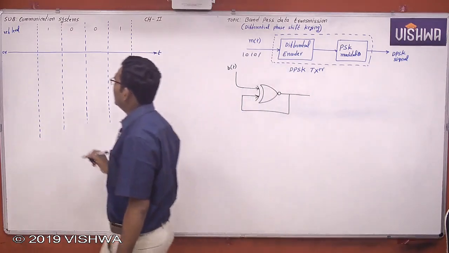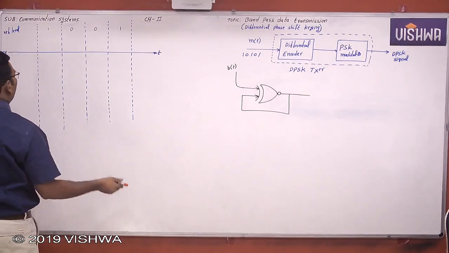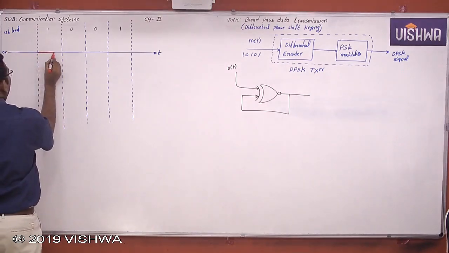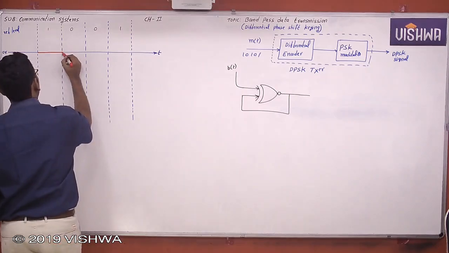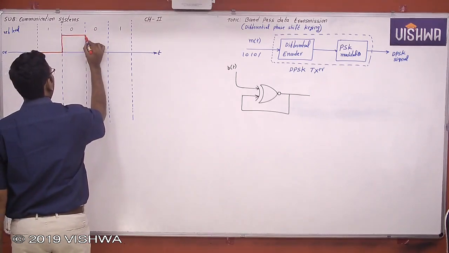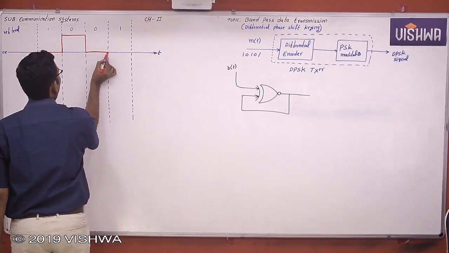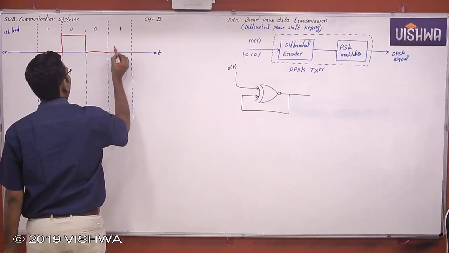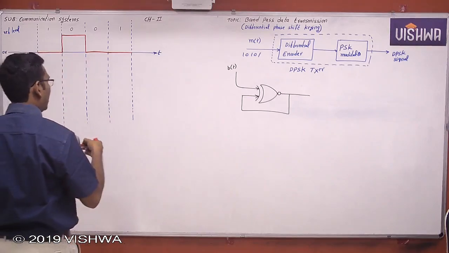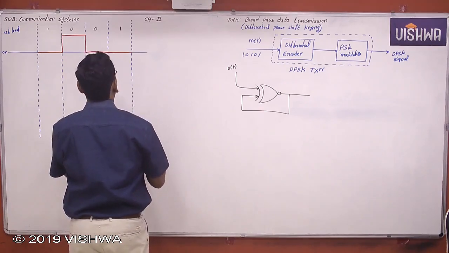Now this is binary 1, and the previous level is low, so the low level continues. For binary 0, the previous level is complemented, so low becomes high. Binary 0 again complements the previous level. Binary 1 continues the previous level, like this. Now for binary 0, the previous level is complemented.